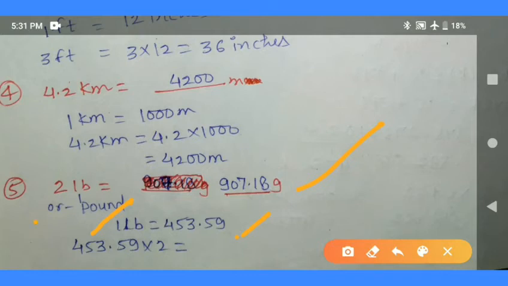So we have to find 2 pound, so 2 pound is equal to 453.59 into 2. You will get 907.18 gram. Because we have to find 2 pound, it will be 907.18. Okay, so this is the answer number 5.